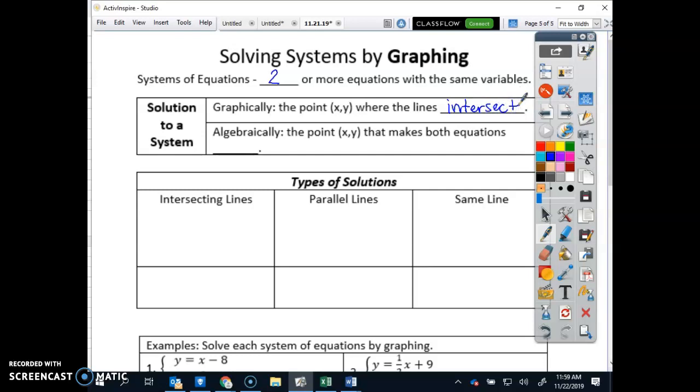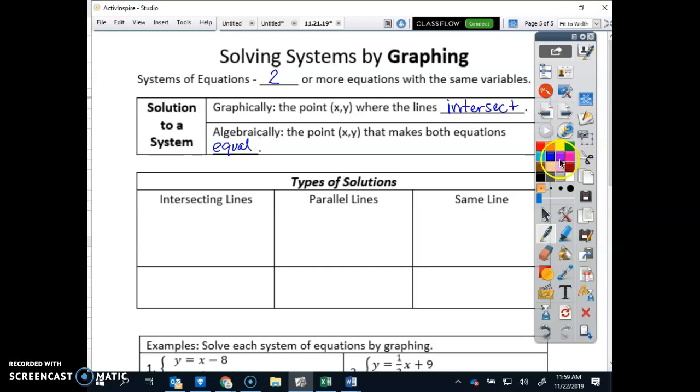It's where they cross. Algebraically, it's the point of intersection that makes both equations equal, or be the same.